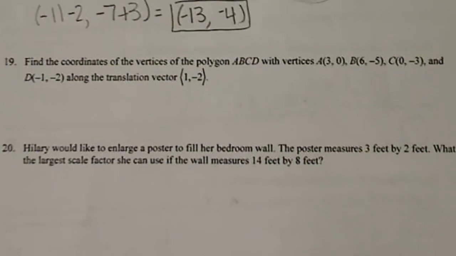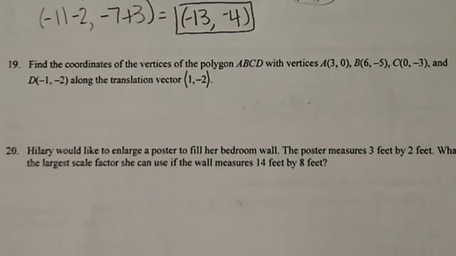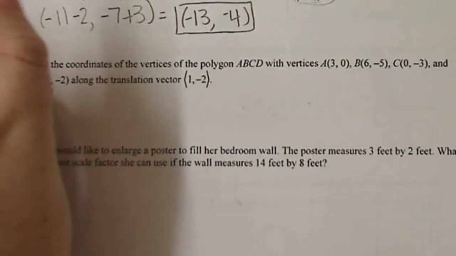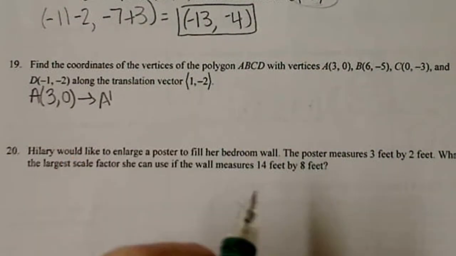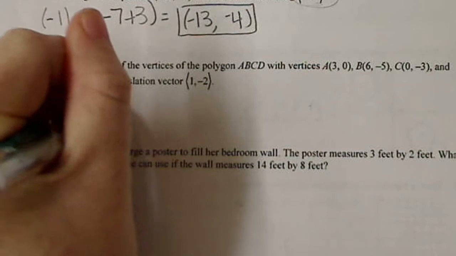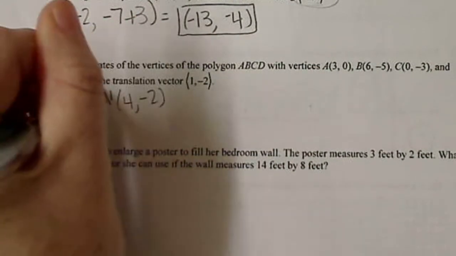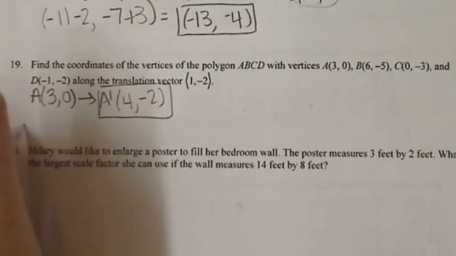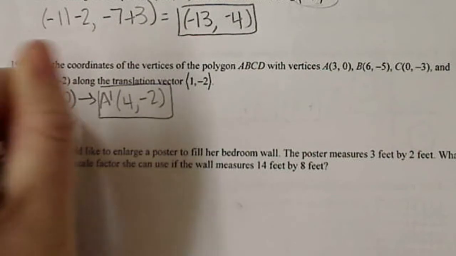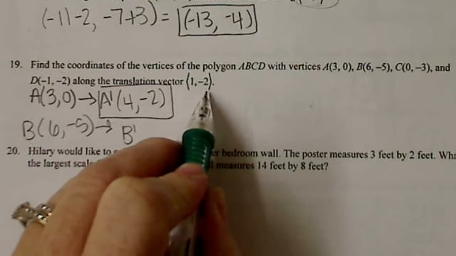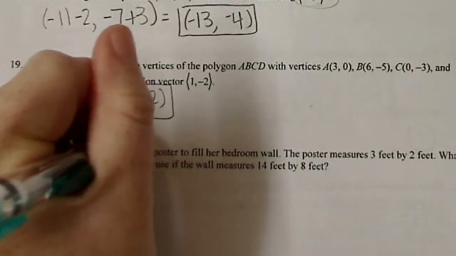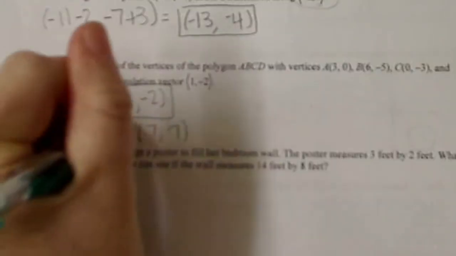Number 19. Same thing, we're going to translate this along a translation vector. Okay, so A right now is 3, 0. Translate it along 1, negative 2, and it becomes 4, negative 2. B, which was 6, negative 5. Add 1 to x, minus 2 from y, becomes 7, negative 7.